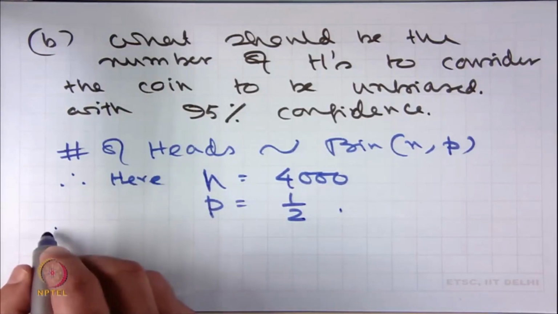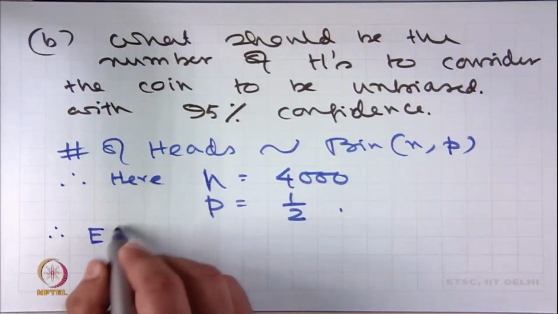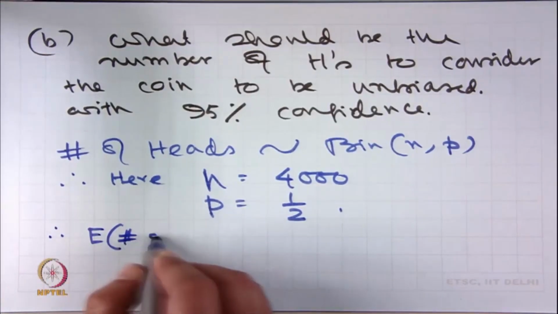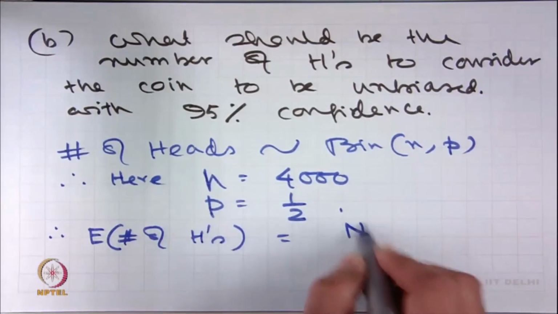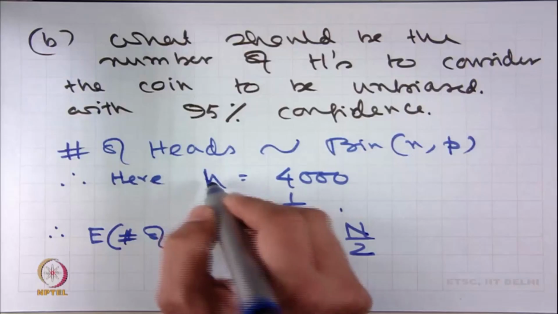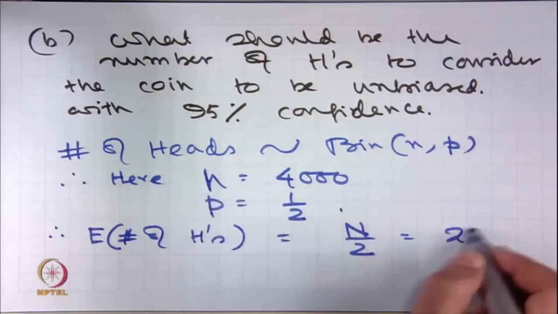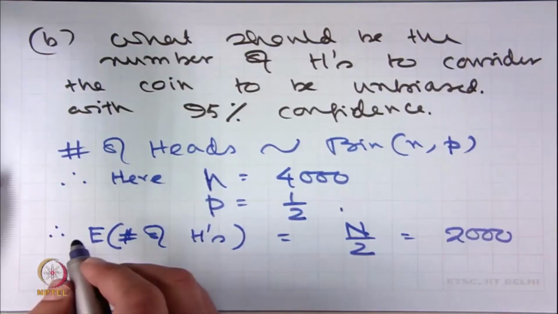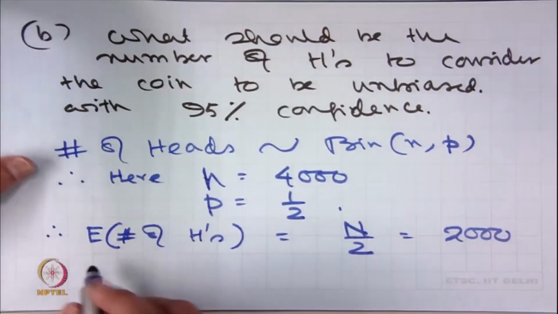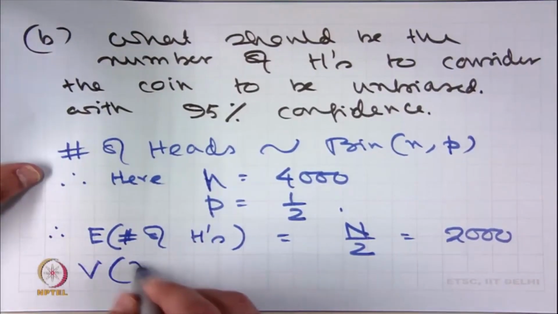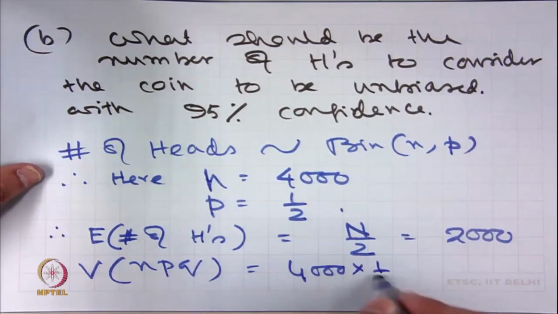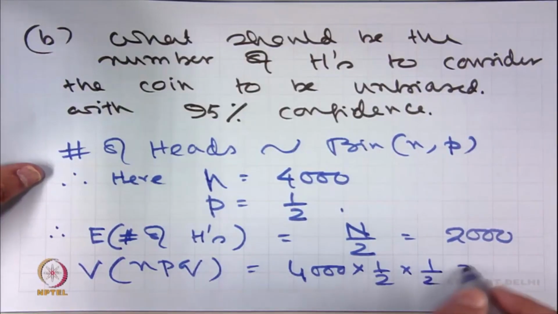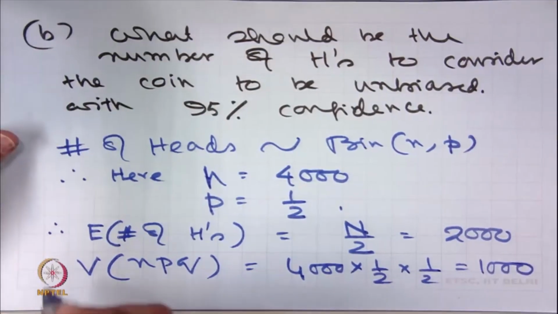Therefore, the expected number of heads is equal to n by 2, which is equal to 2000, and the variance is equal to npq, which is 4000 into half into half, equal to 1000.